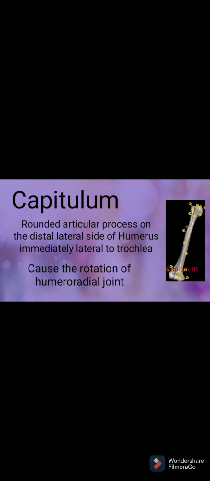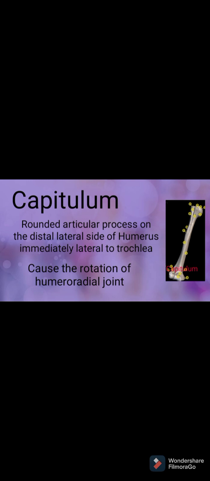At the distal lateral end of the humerus, there is a half spherical rounded structure called the capitulum, which forms a joint with the head of the radius. Thus, the radius and humerus form the humero-radial joint with the help of the capitulum. There is a distal pulley-shaped articular process at the distal medial end of the humerus called the trochlea.